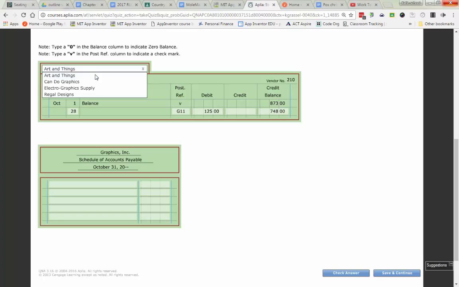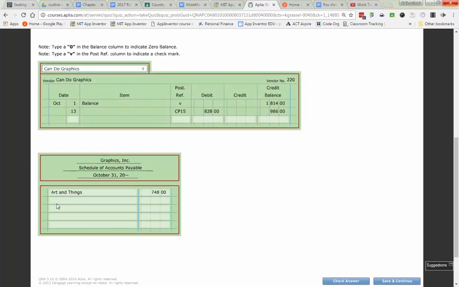Now, how do we prepare a schedule of accounts payable? We get every account from our subsidiary ledger that has a balance. If it doesn't have a balance, it doesn't go on there. So I'm going to start on my first one, which is account number 210, Art and Things, and I'm going to put in my account title. And then I'm going to put in the amount that we owe them, $748. Then I open up my next subsidiary ledger, Can Do Graphics.